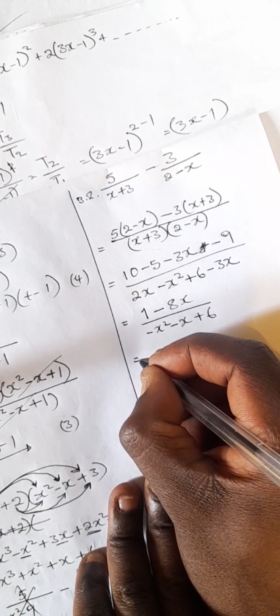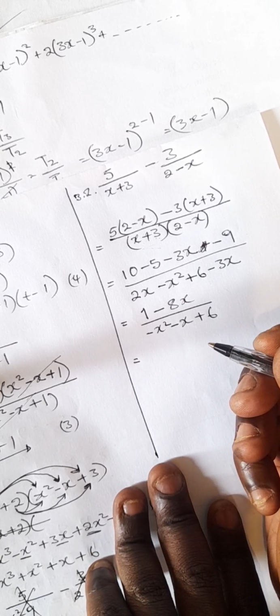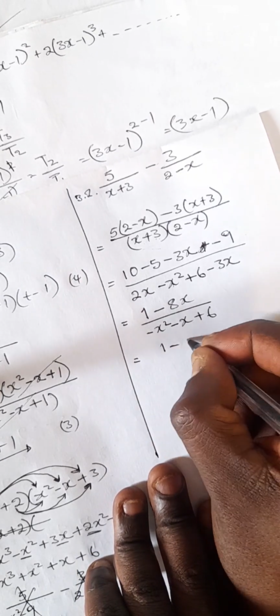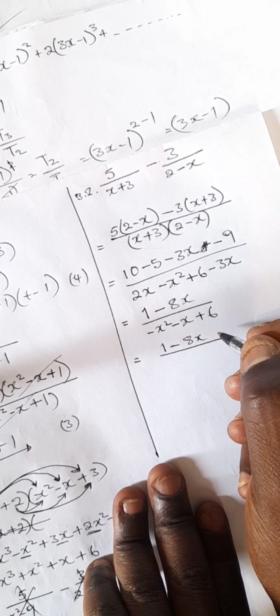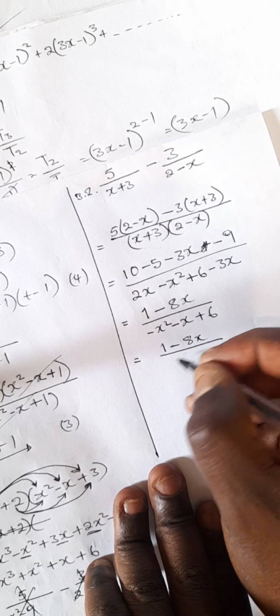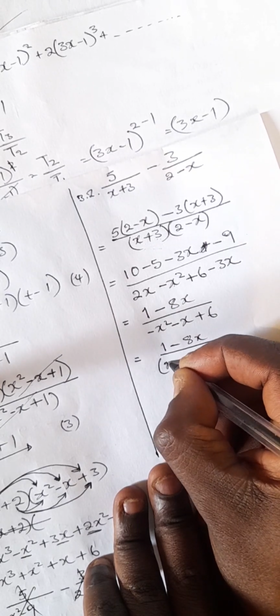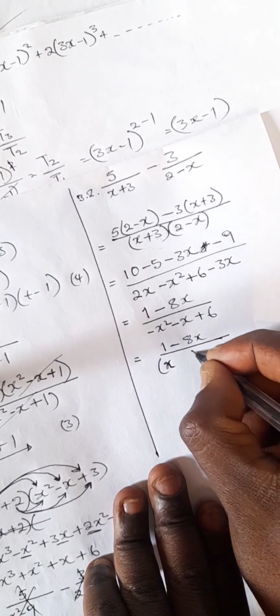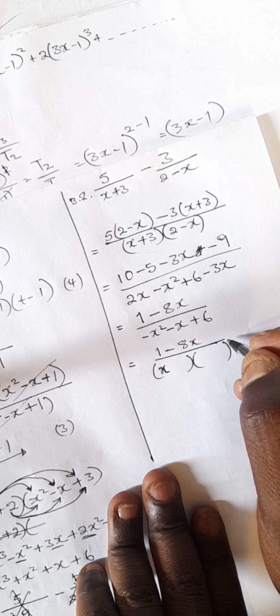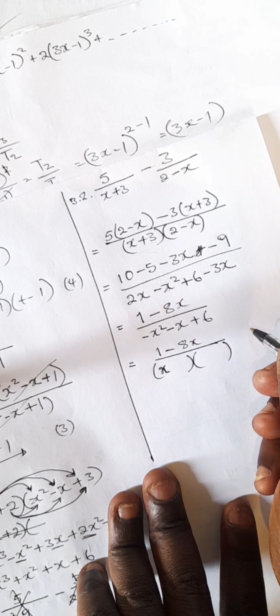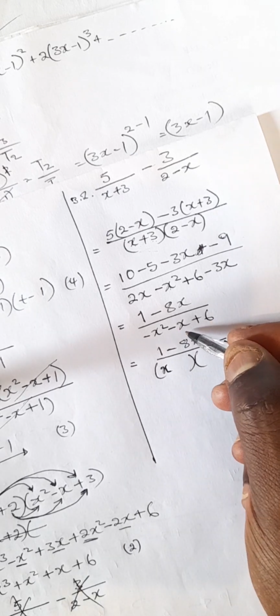Okay, this is the same as 1 minus 8x divided by, the factors are 2 and 3, 2 and 3. So okay, 2 minus 3 gives you negative 1.